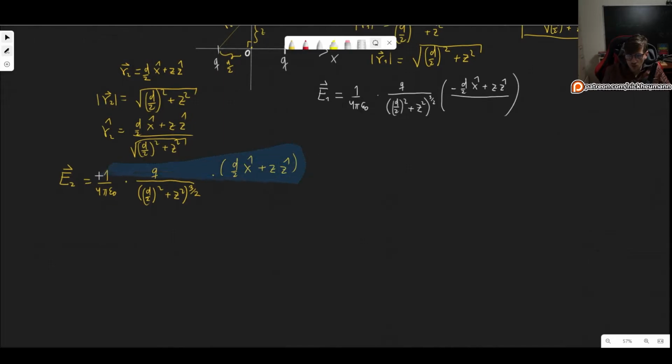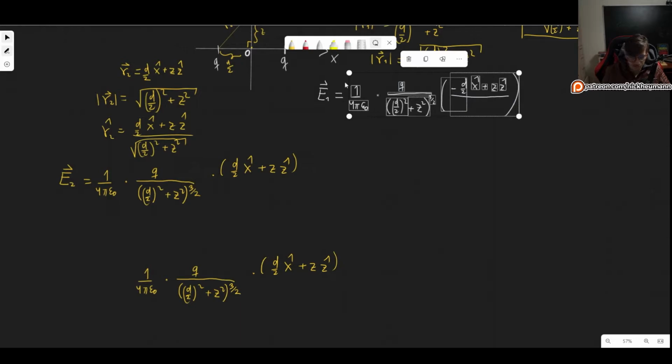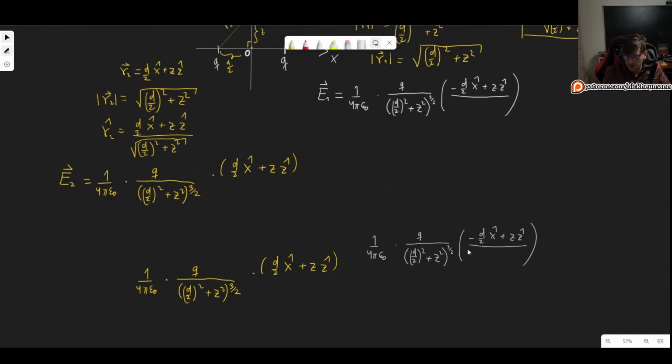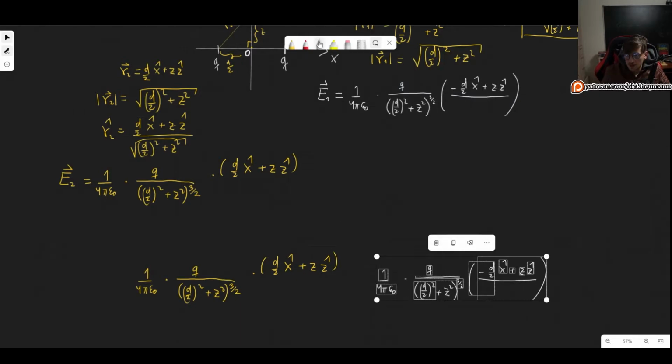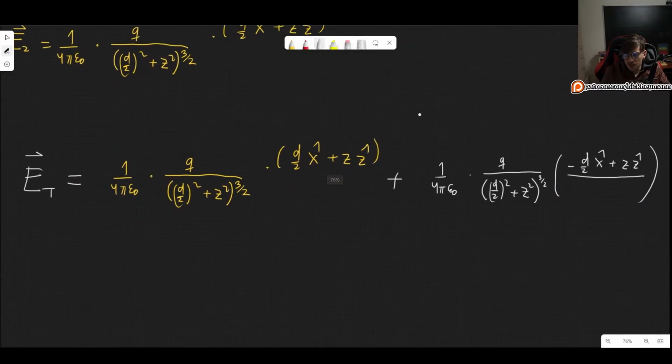So let me take one of them, just copy, paste, move, and this one, copy, paste, move. And we want to add them together, and this gives us the total electric field. Okay, so now what we can do is we can factor out a lot of things.